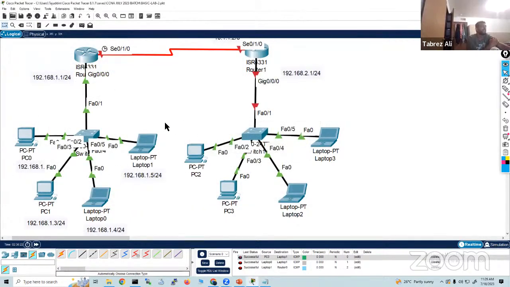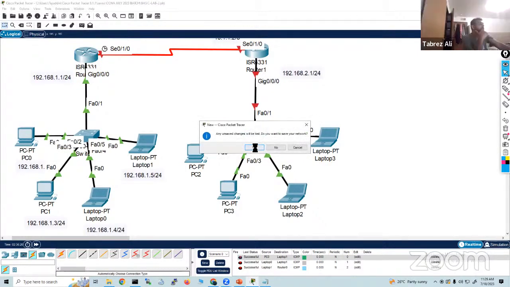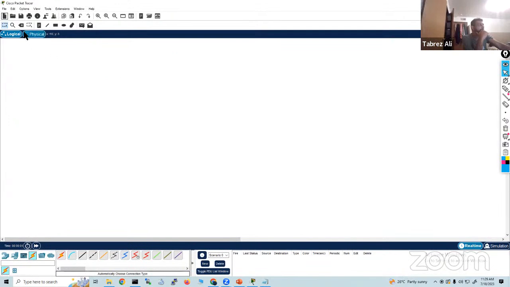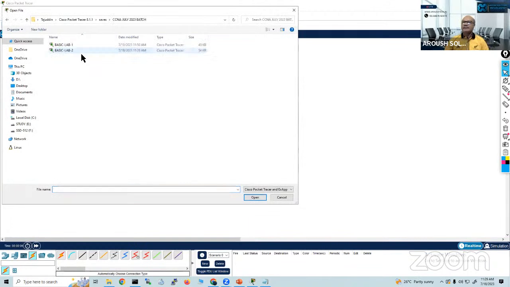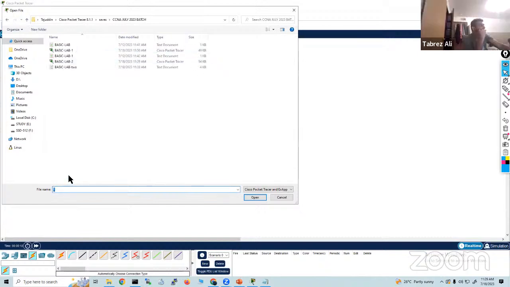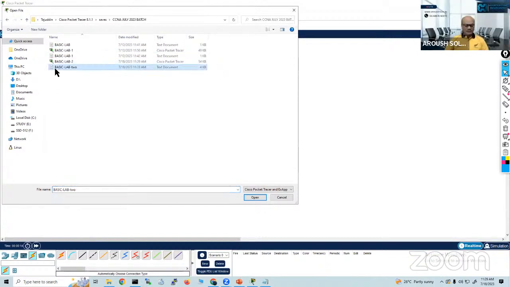Okay, I'll do one thing. I think I'll send it in the chat box. I think it requires the number over there. No, I'll send you this. Please try to open it from your side. I think there is some problem with these two files, the Packet Tracer saving.